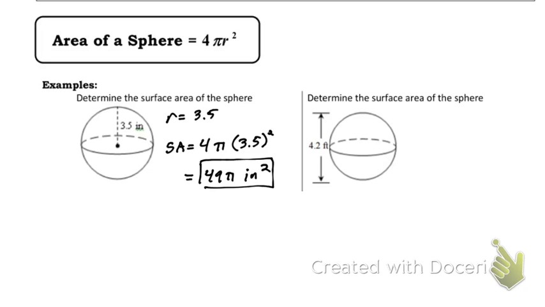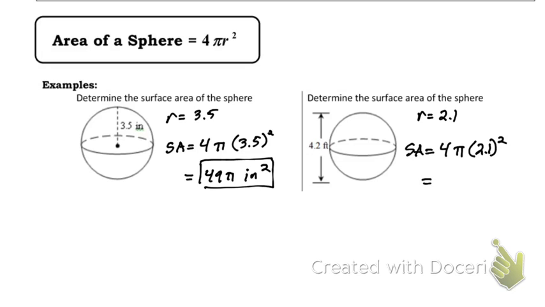All right, our next one. What's the radius of our next one? 2.1. So make sure you recognize if you have a diameter or a radius. We were given a diameter, so we divide it by 2, and we get 2.1. That means our surface area is going to equal 4 times pi times my radius, 2.1 squared. So we do 2.1 squared times 4.